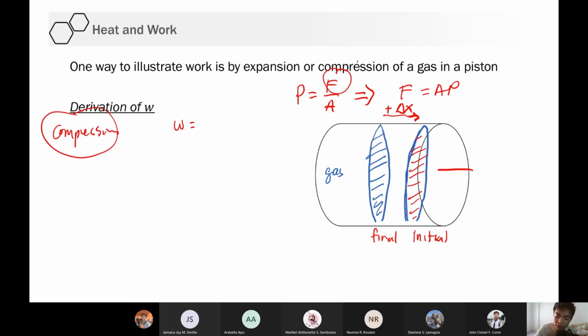So yung surroundings yung gumagawa ng work sa system. So that is positive F delta X. Yung surroundings na yung gumagawa ng force, so the P external. So that's W equals P external delta X.